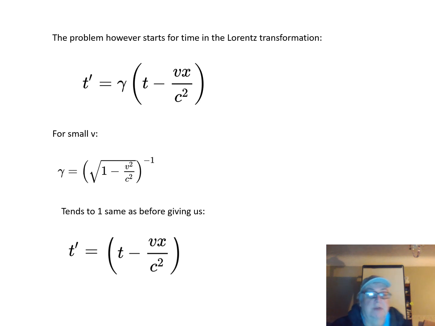However, the problem starts for time in the Lorentz transformation, and that is t prime equal to gamma times t minus vx divided by c squared. For small v, the gamma tends to 1, the same as before, and that equation from the Lorentz transformation then reduces to t prime equal to t minus vx divided by c squared.